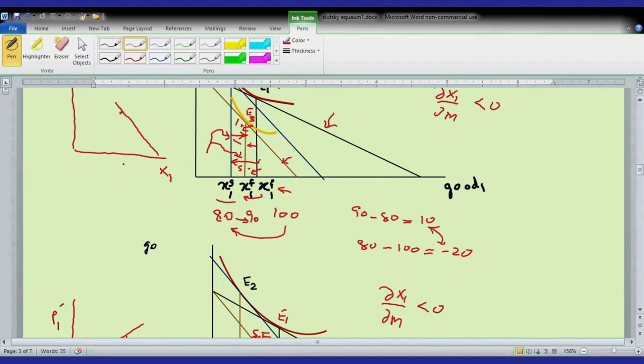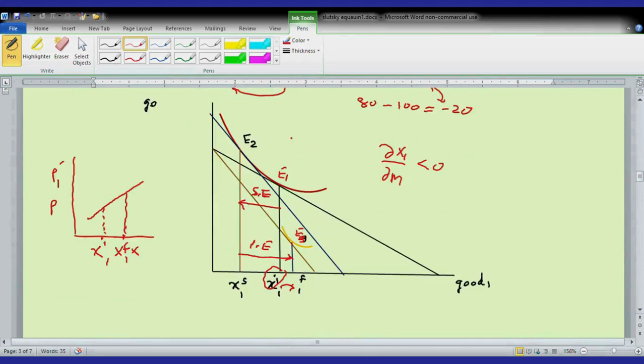So we really cannot say with certainty what is going to happen to the demand, but we can explain that the demand curve can be downward sloping where the substitution effect dominates the income effect, while these two effects are moving in opposite direction.